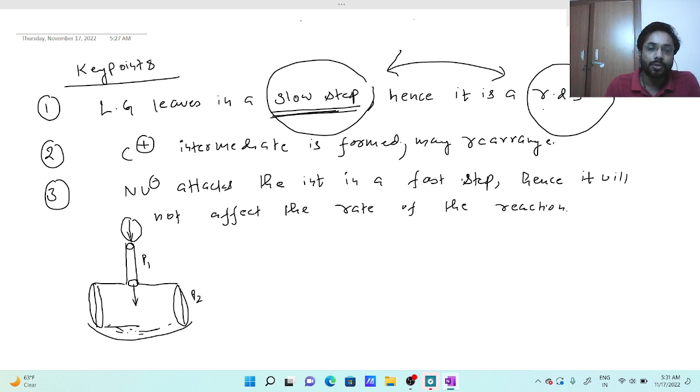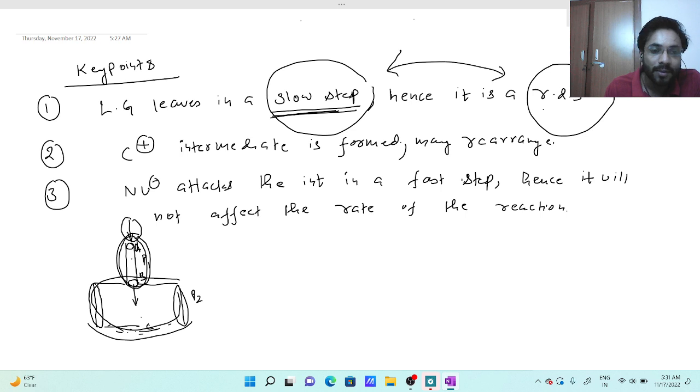Don't you think that this pipe is only responsible for the rate, because this pipe is only going to take time? This is narrow, this is not narrow. Let's say this is point A, this is point B, and this is point C. Water coming from point A to point B takes some time, but from point B to point C it does not take time.